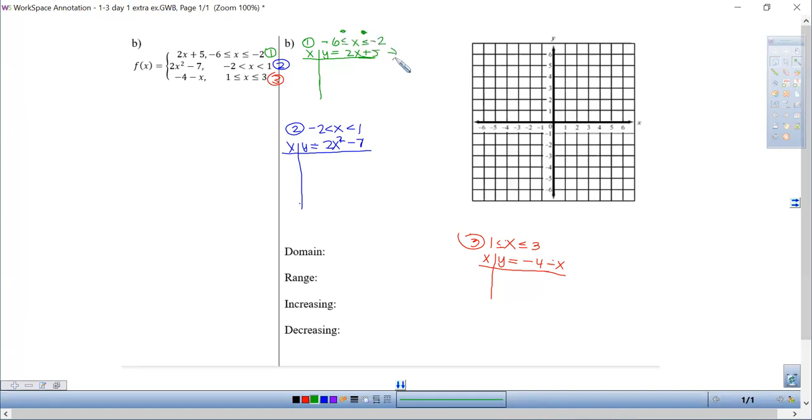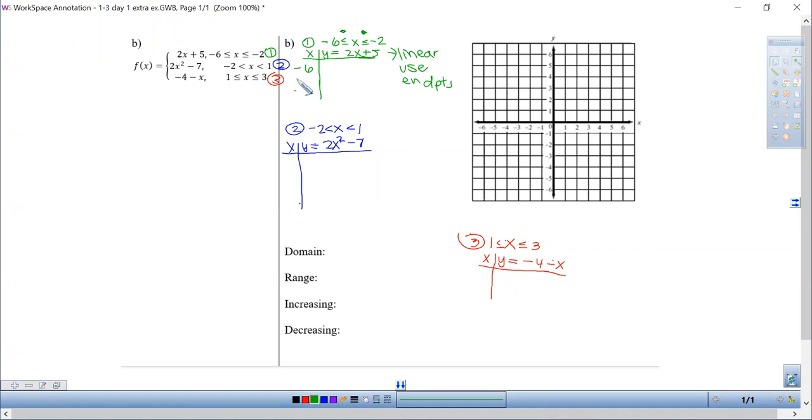And so that tells us that we just need to use the endpoints in our table. So I'm just going to use the -6 and the -2 when I'm writing my points.